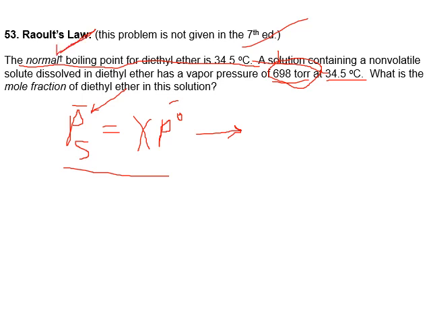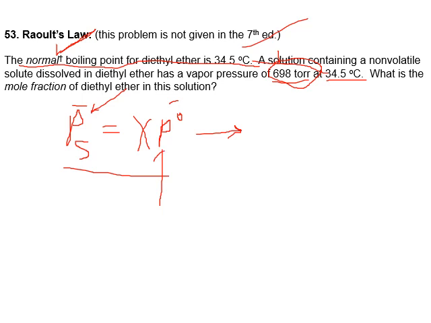So at 1 atmosphere of pressure, in order to overcome 1 atmosphere pressure and boil, this thing has to have a vapor pressure of 1 atmosphere. So in other words, what they're saying is that at 1 atmosphere, the pure vapor pressure for diethyl ether would be 1 atmosphere at this particular temperature.